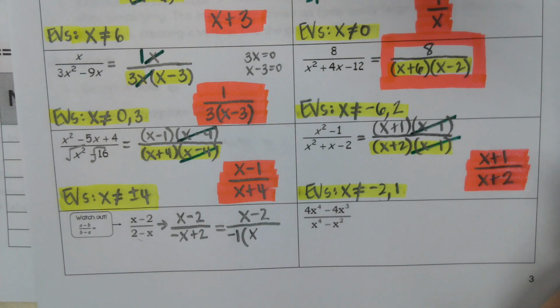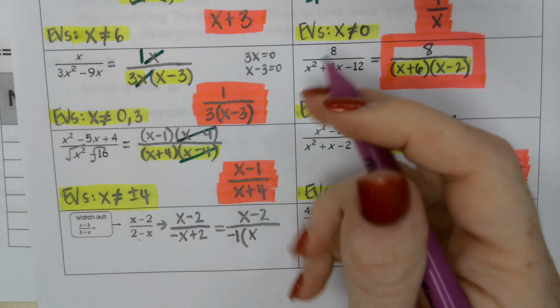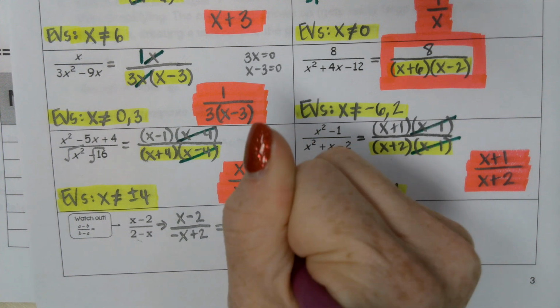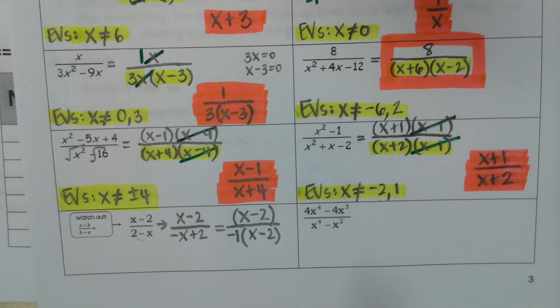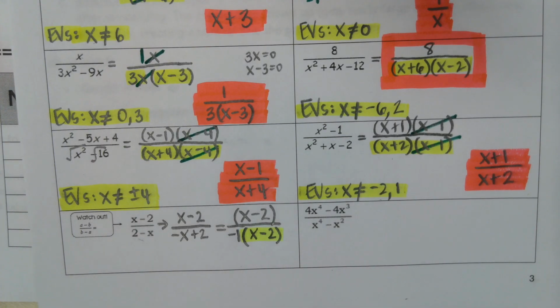Now it's a positive x. This was a positive 2. Now it's a negative 2. Now, do you see why that's helpful? Look at the top and the bottom. You see that? Okay? They will cancel, but before I cancel those, I only have one thing with a variable. This negative 1 I'm not even worried about because there's not even an x.